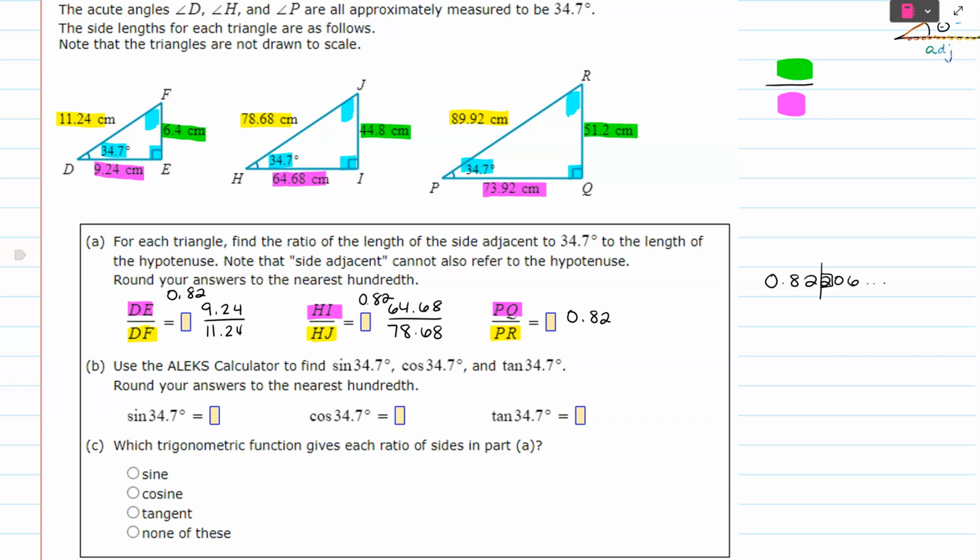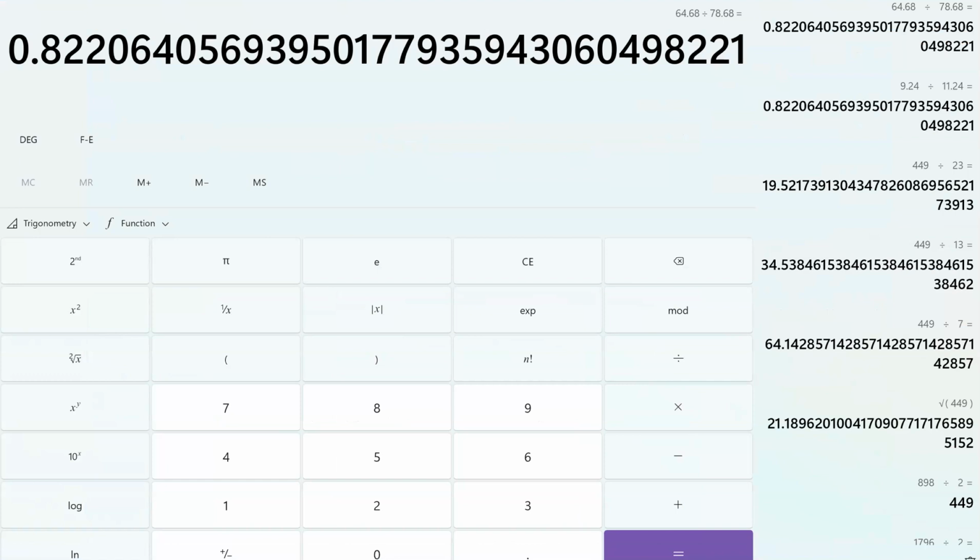So now let's calculate the sine of 34.7 degrees, the cosine of 34.7 degrees, and the tangent of 34.7 degrees. So I'm going to go into my calculator here. You can see up in the top, it says degrees.